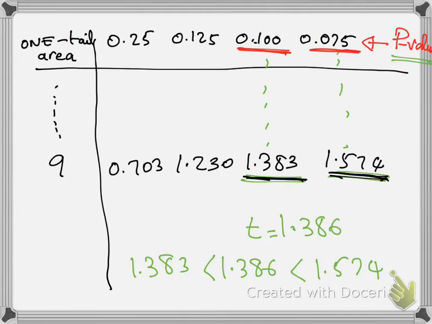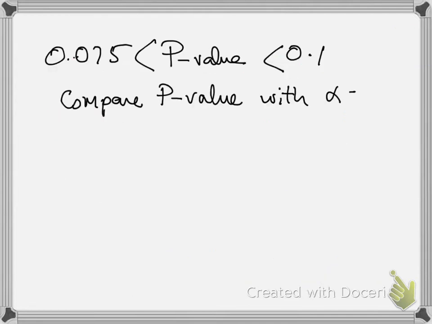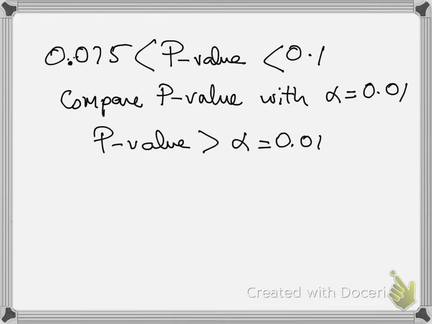So alpha is 0.01, but anyway, your p is between 0.07 and 0.1, which means obviously the p-value is larger than alpha, okay, because your alpha is equal to 0.01. So your p-value is larger, so we do not reject the null hypothesis H0, okay.